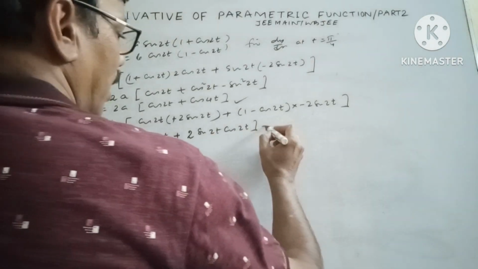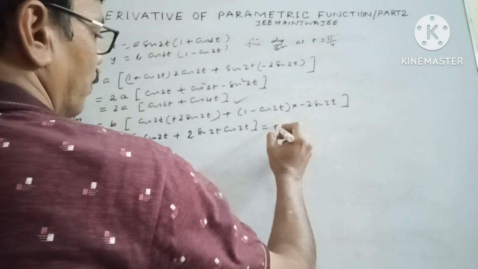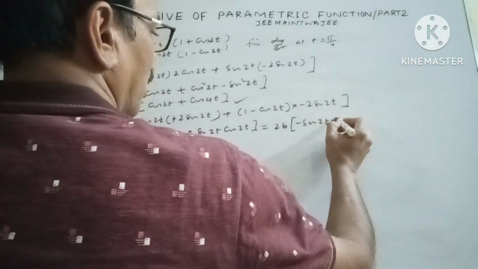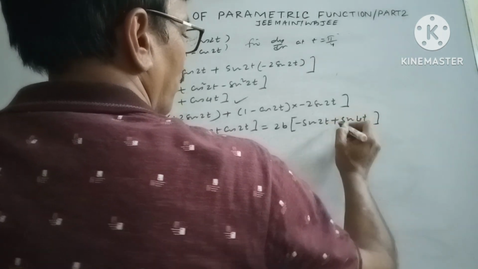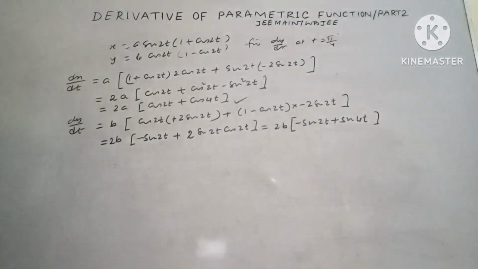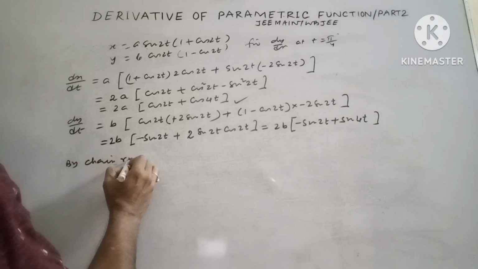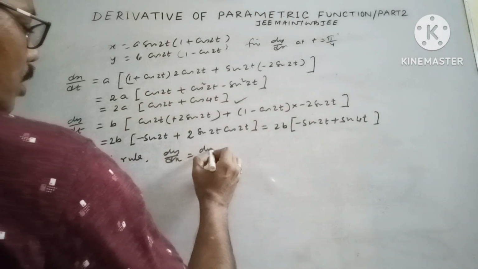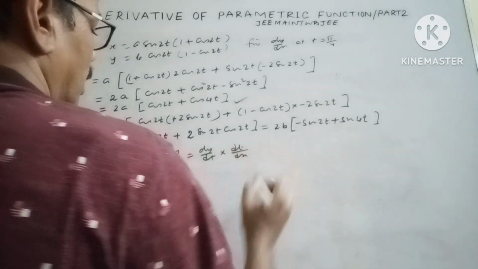So finally we have 2b into minus sin 2t plus sin 4t. So this is the formula of 2 sin 2t cos 2t. Now by chain rule, dy by dx equals dy by dt into dt by dx.